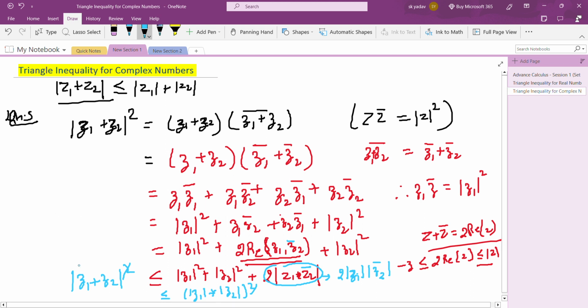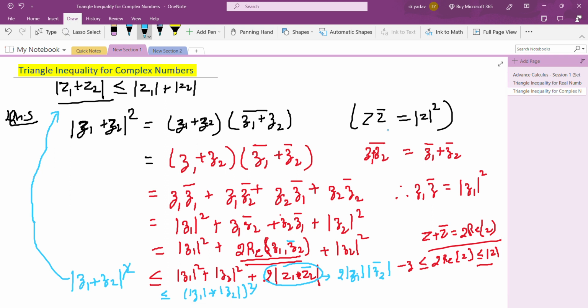The final result becomes our original statement that we needed to prove. Hence we can say that the modulus of Z1 plus Z2 is less than or equal to the sum of the absolute of Z1 plus the absolute of Z2.